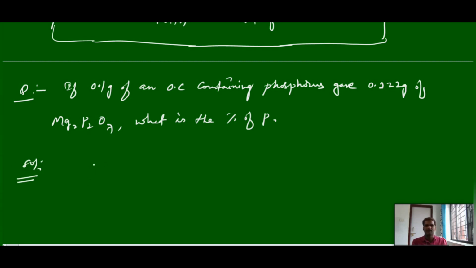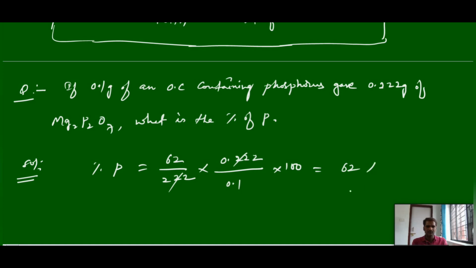So, directly here, percentage of phosphorus is equal to magnesium pyrophosphate, 62 by molar mass 3/2, weight of the compound 0.3/2 by organic compound 0.1 into 100. Just simplify this one, and how this will be cancelled out, you will get 62% directly.